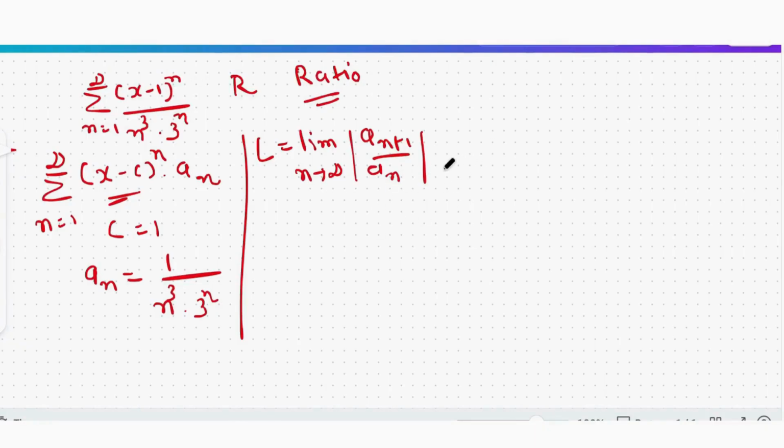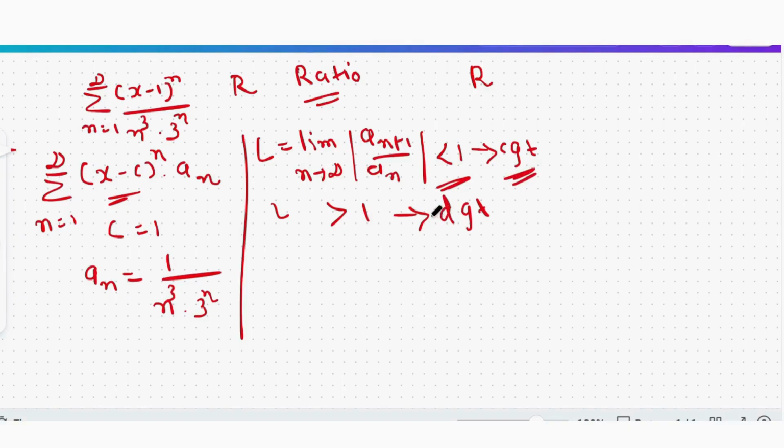If this limiting value is less than 1, then the series is convergent. If this L is greater than 1, then the series is divergent. Here we are interested in finding the radius of convergence R, so we use this condition, because this gives the condition for convergence.